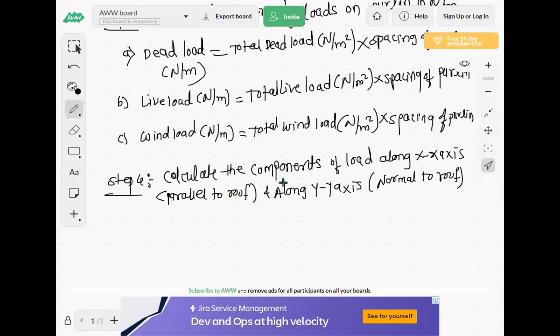Calculate the components of loads along x-axis, parallel to roof, and along y, normal to roof.